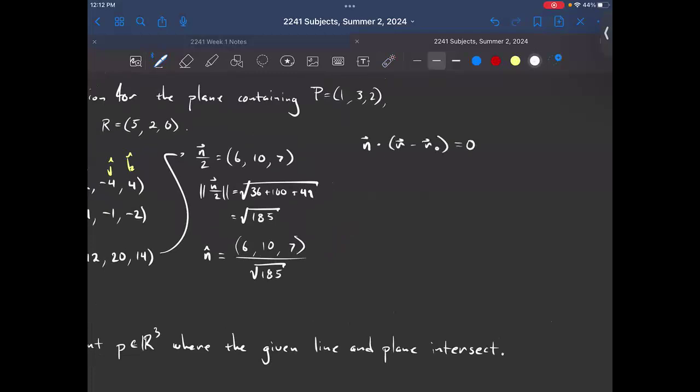So our vector here will be 6, 10, 7, divide by square root 185. And then we want to dot that with x minus, what was our r0? Remember, it was this vector p. X minus 1, y minus 3, and z minus 2. Set that equal to 0, and we're done.